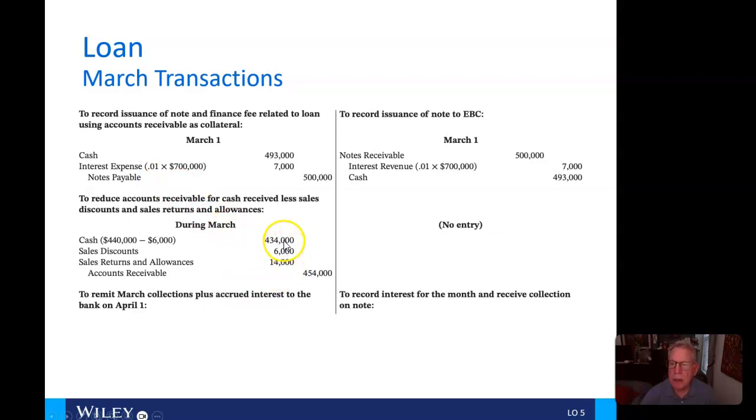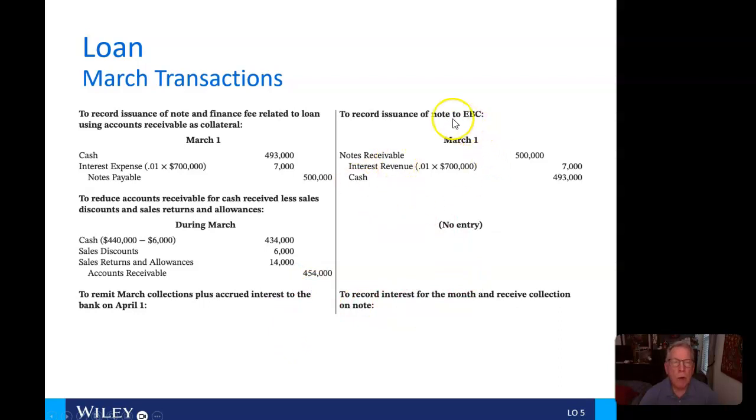So to reduce the accounts receivable for cash received, less sales discounts and sales returns and allowances during March, cash $434,000 less the $6,000, sales discounts the $6,000, and sales returns and allowances of $14,000. Total accounts receivable are going to be $454,000.